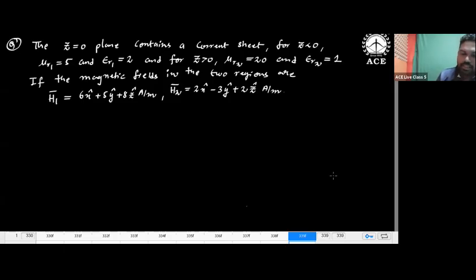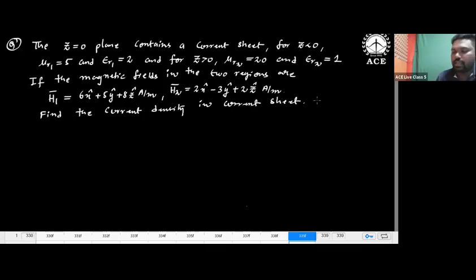Find the current density in the current sheet.